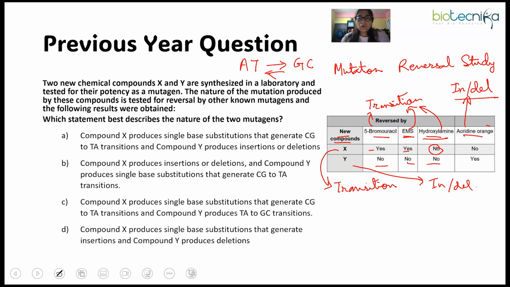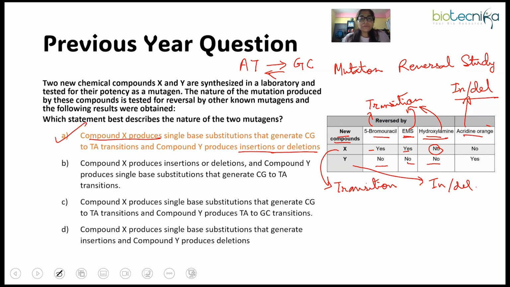So compound X produces single base substitution that generates CG to TA transition, and compound Y produces insertion or deletion. So our answer is option A.